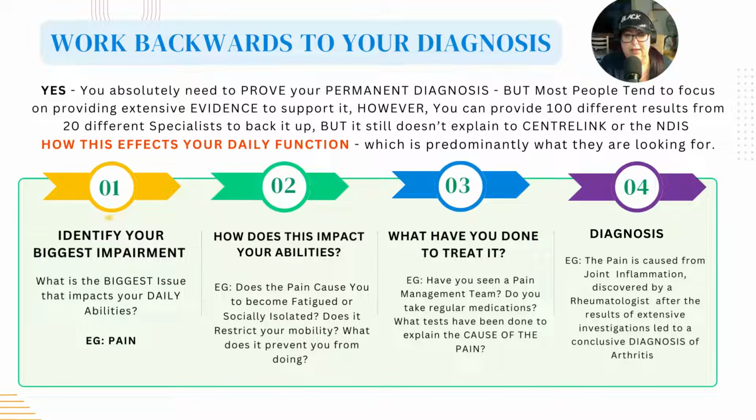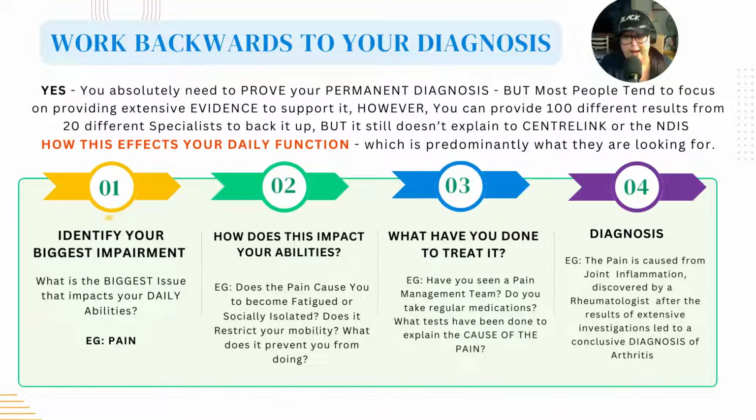But they forget that the main thing that Centrelink and NDIS are looking for is how this affects your daily functioning. So don't get caught up on producing an abundance of evidence to promote your diagnosis.